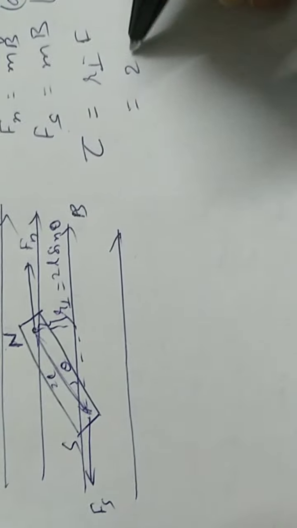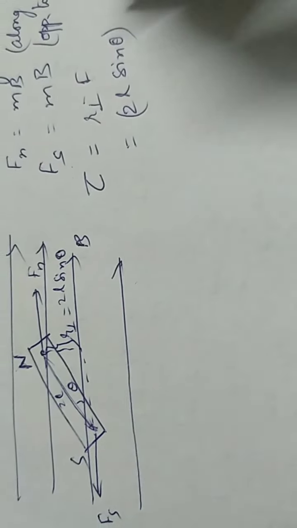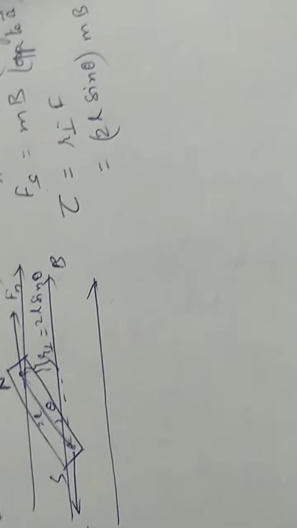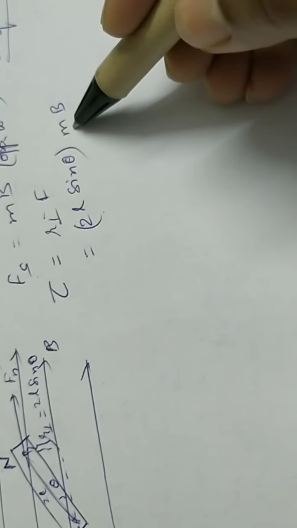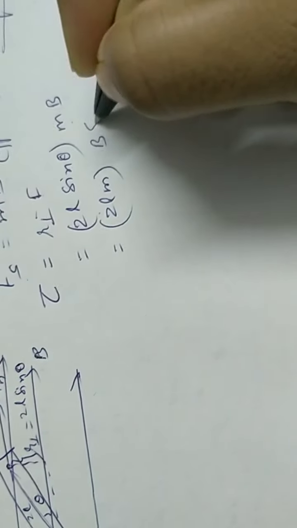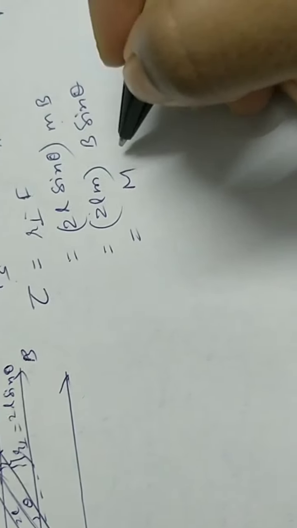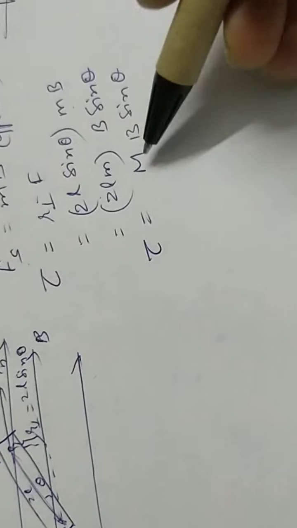So I get 2l sine theta into mB. Now I can combine 2lm, which is capital M, the magnetic dipole moment. So torque is equal to MB sine theta.